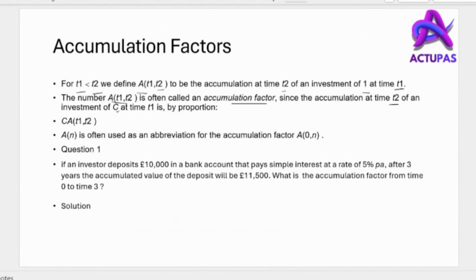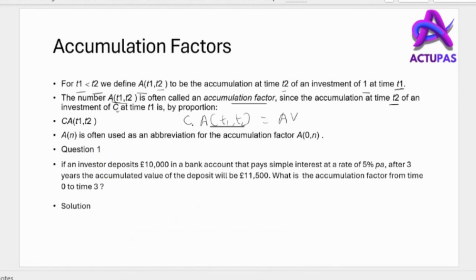So what we are saying is if you start with an amount of C and it increases by a factor of A(T1,T2) to the accumulated value, this is the accumulation factor, the factor by which this amount C increases to become the accumulated value.